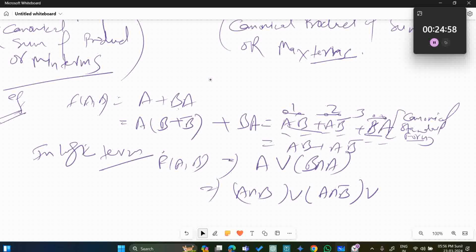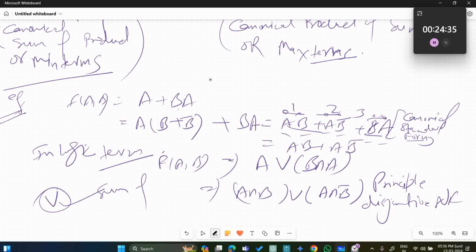We don't keep duplicates in one expression, alright? So this is what principal disjunctive normal form is. Disjunctive means this, alright? So principal is this. Sum represents this, or product is represented by this, or dot.